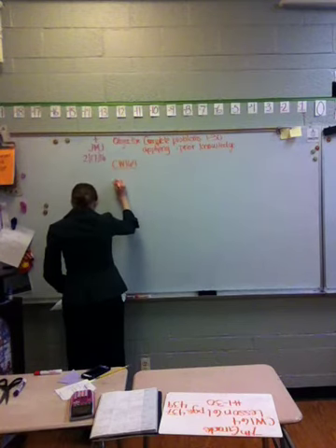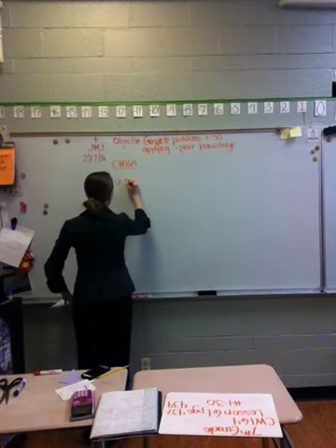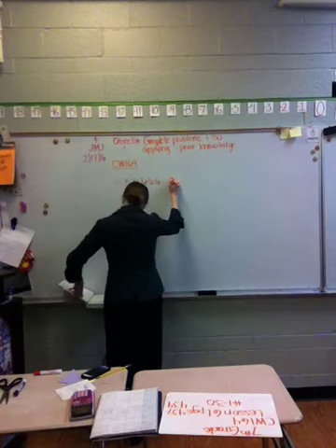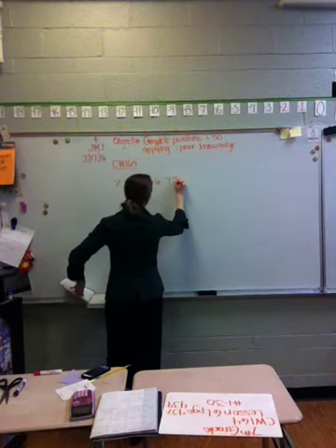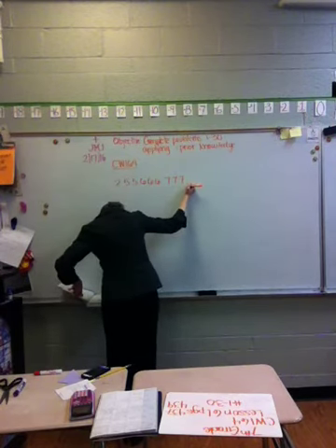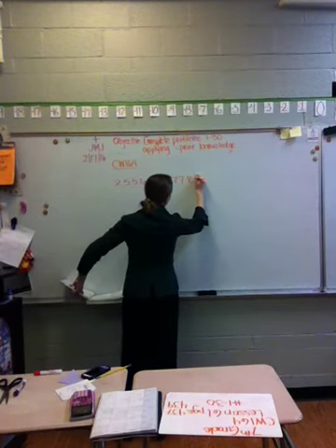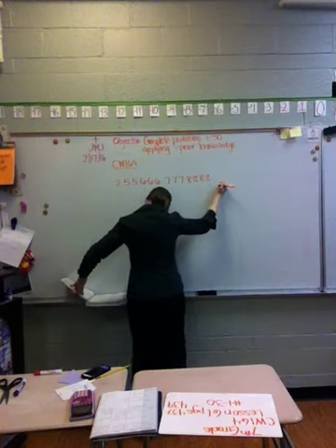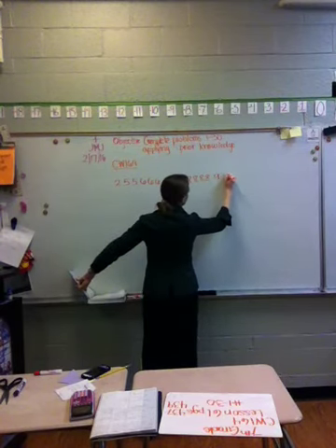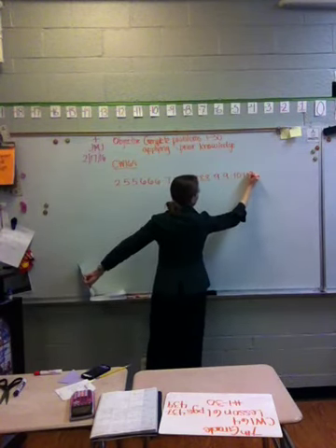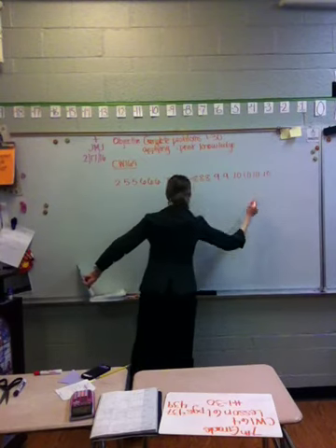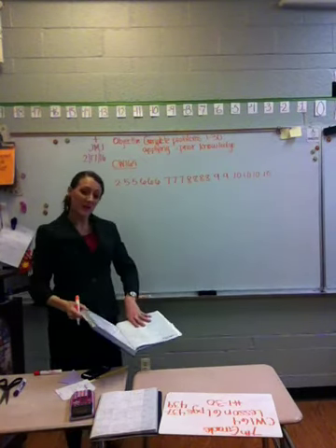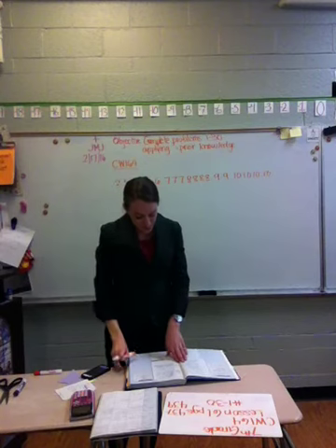Let's just look at what we have. 2, 5, 5, 6, 6, 6, 7, 7, 7, 7, 8, 8, 9, 9, and 10, 10, 10, 10. All right, so they've already put them in order for us here.